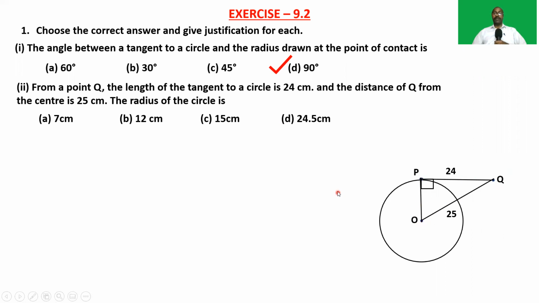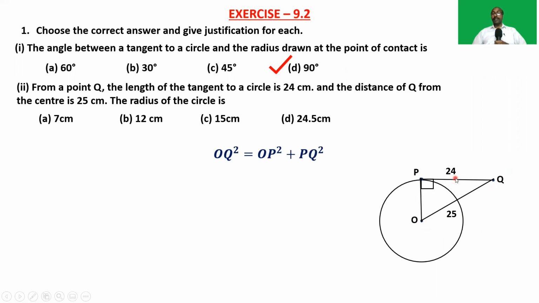So here triangle OPQ is a right triangle because we know that the radius at the point of contact is perpendicular to the tangent. So by Pythagoras theorem, we have OQ square is equal to OP square plus PQ square.